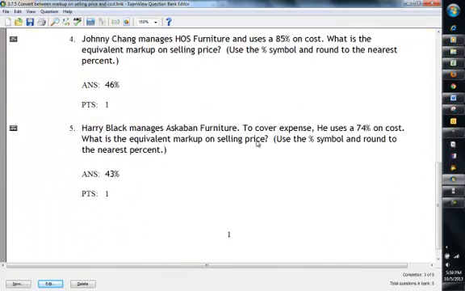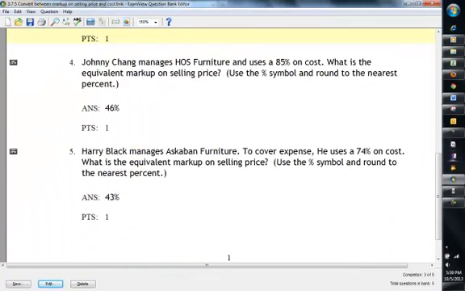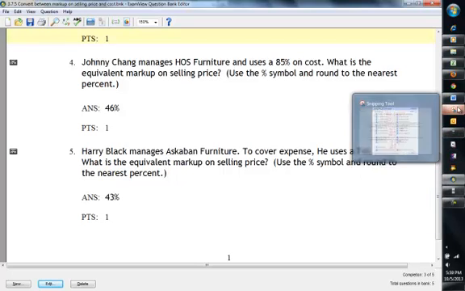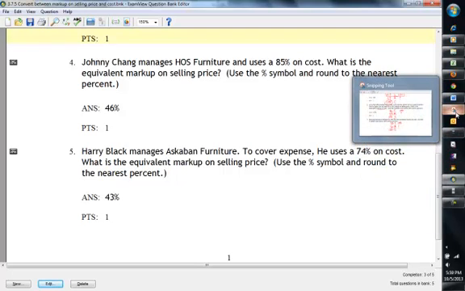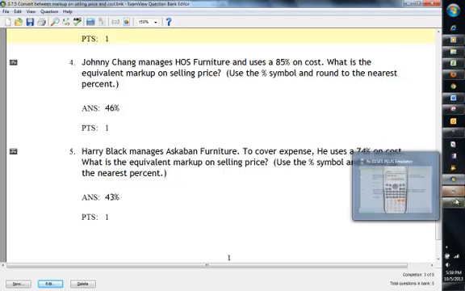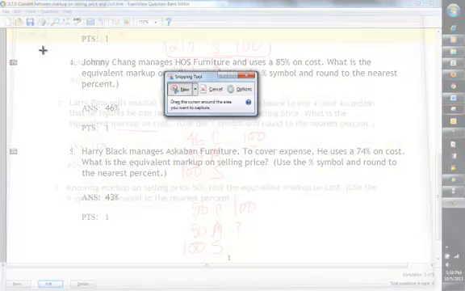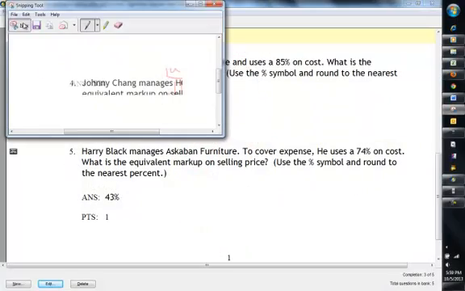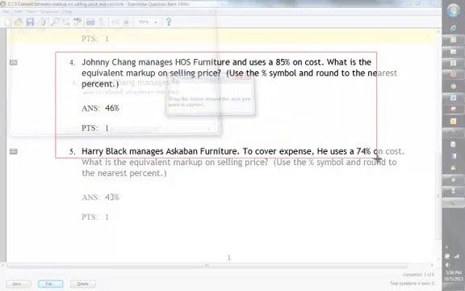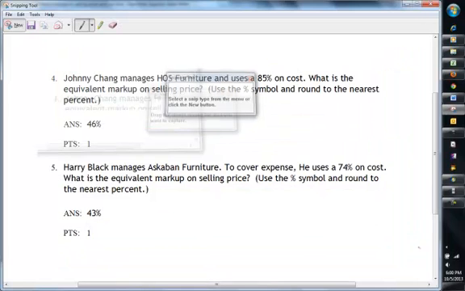Next one. Johnny Chang manages house furniture and uses an 85% markup based on cost. What is the equivalent markup based on selling price? Let's do it again. Markup based on selling price.